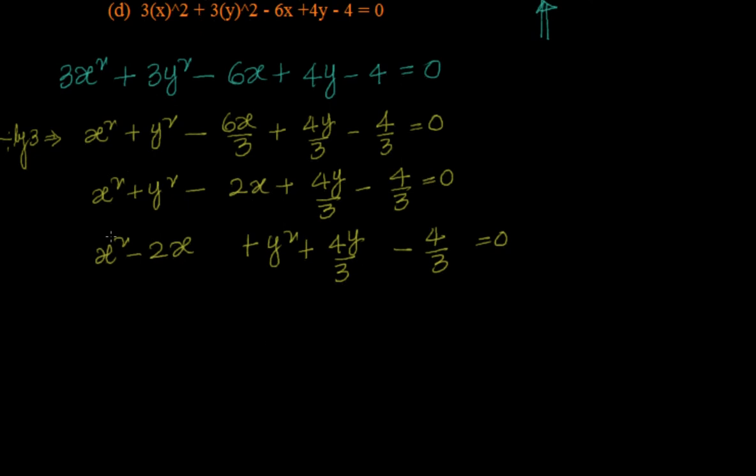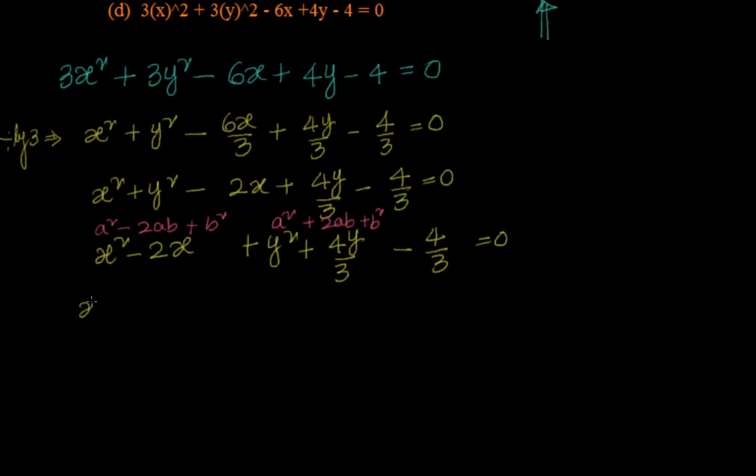Now you can check here, you have a square and you have 2ab term, missing is b square term. Similarly, you have a square and you have 2ab term, missing is b square. So if you add b square term here, then you can convert this equation into the form of needed x minus h whole square plus y minus k whole square equal to r square.